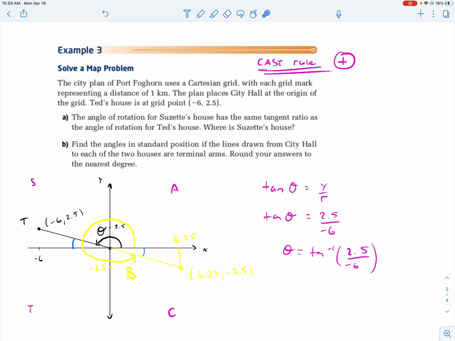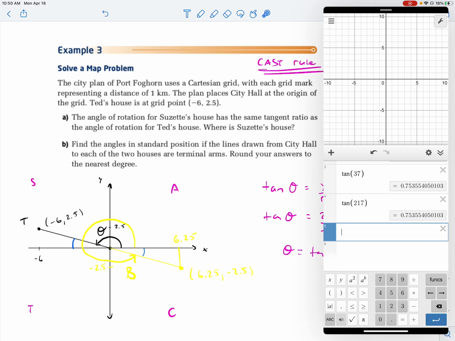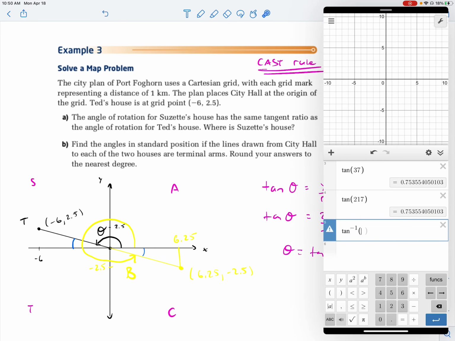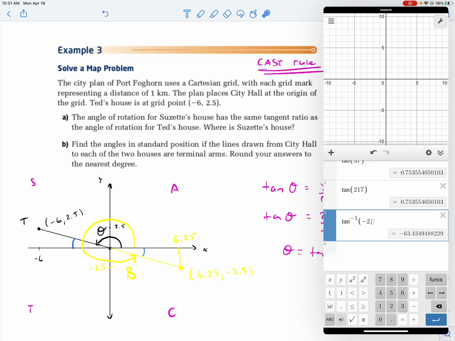Let's see what we get. Tan inverse of -2.5 over 6. It says -22.619. That's kind of weird, eh? The calculator gives us a negative angle. So it's actually giving us this angle right here.